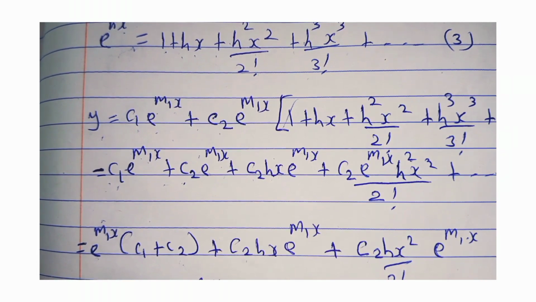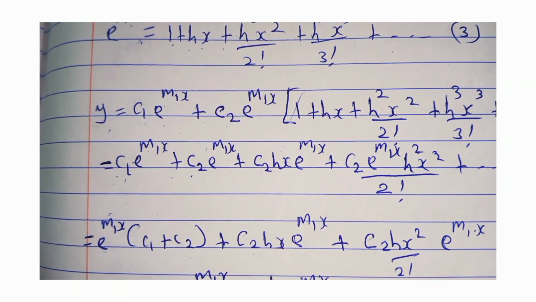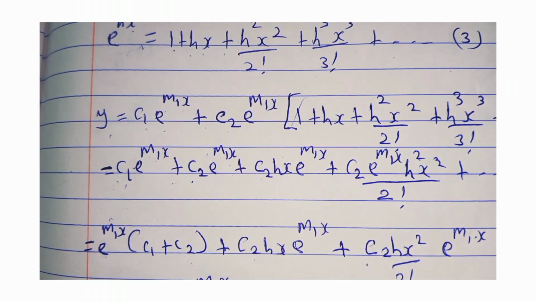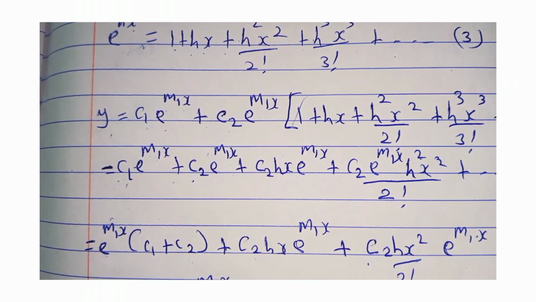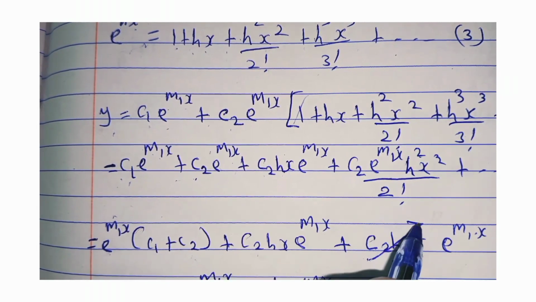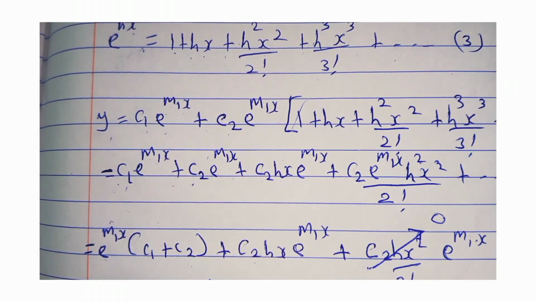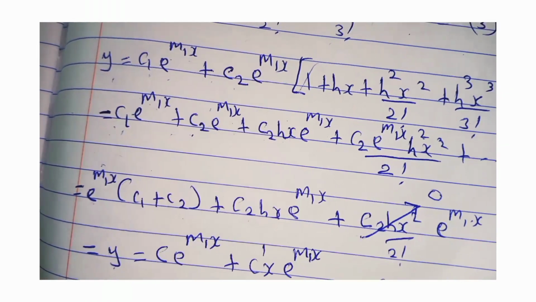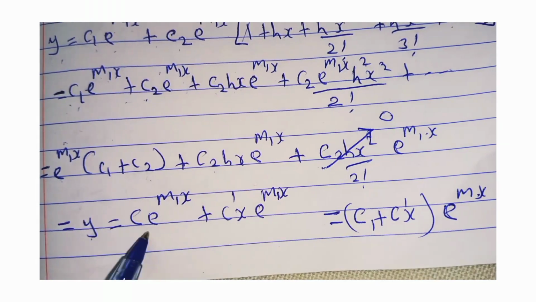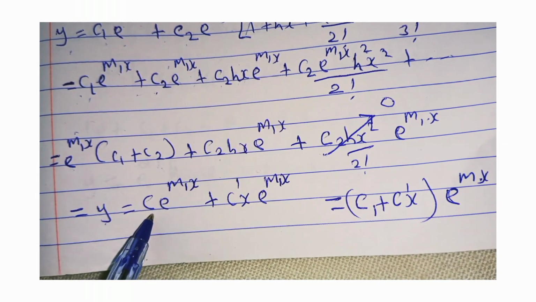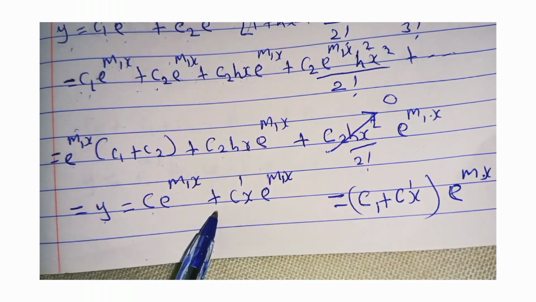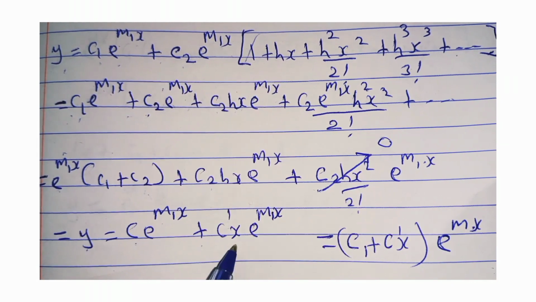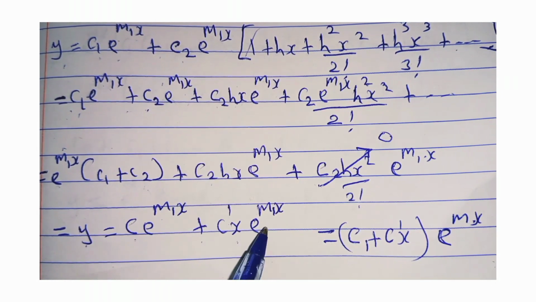Now, as h tends to a small number, this part here will disappear, so that we shall have y is equal to c exponential m1x plus c prime x exponential m1x.